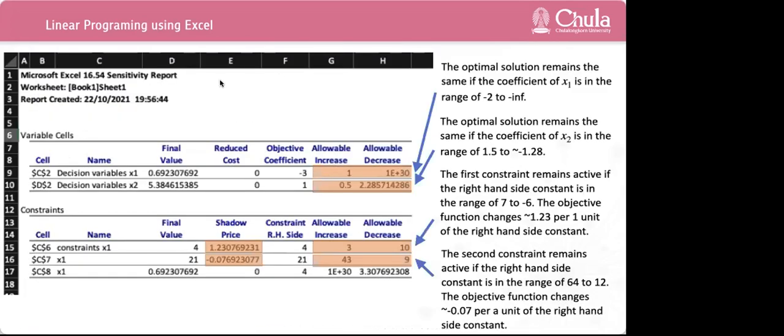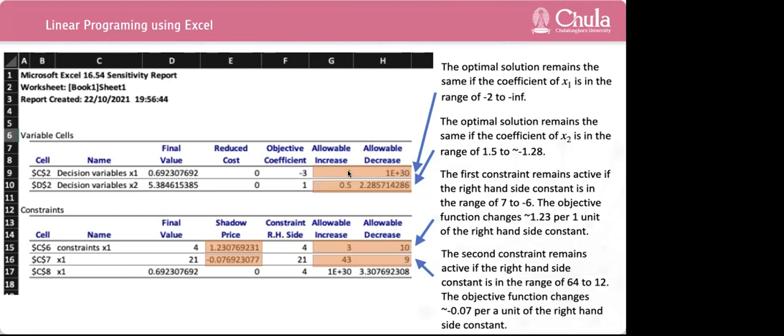And if you look at the sensitivity report, you see the first part is the variable cells. The optimal solution remains the same if the coefficient of x1 is in the range of -2 to infinity. You see that the original objective coefficient is -3, right?